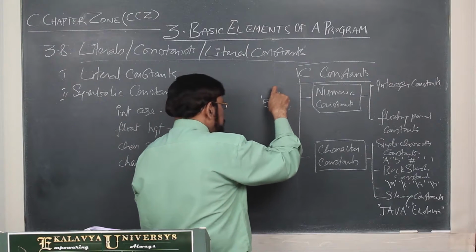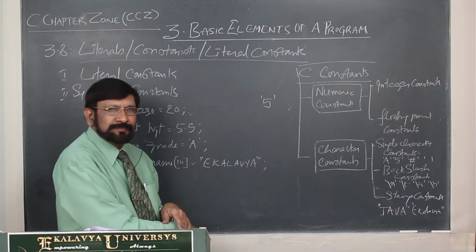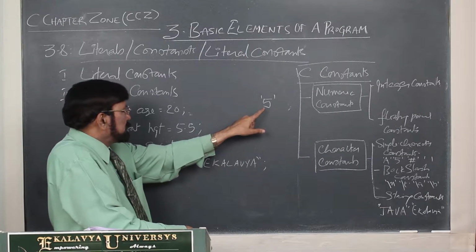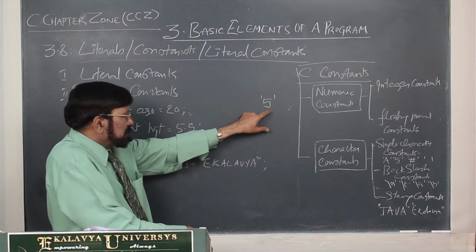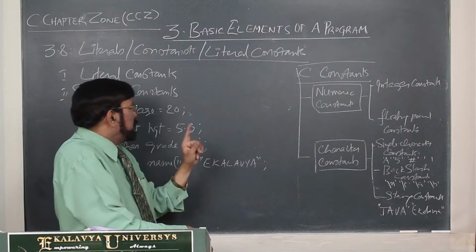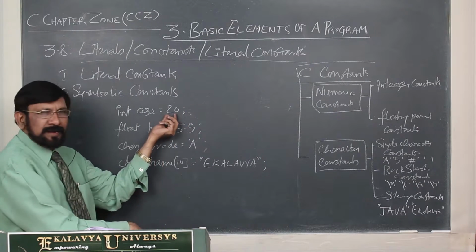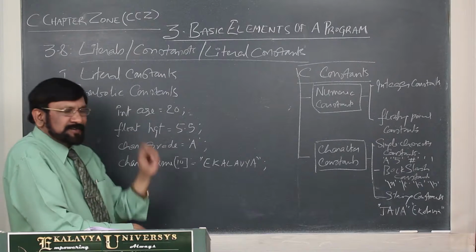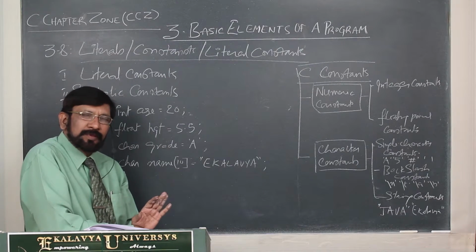For this purpose we have to put it like this. And this is integer. This I will explain later. And here it is an integer literal. And why is it a constant? Actually 20.